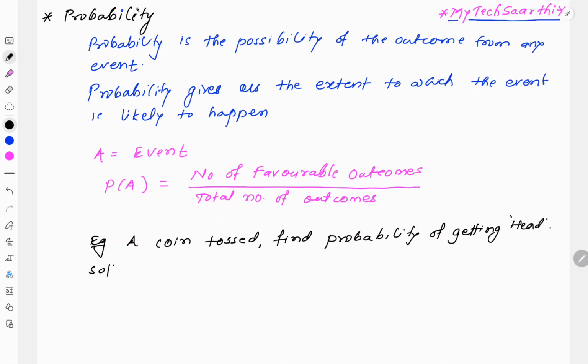Okay, so now see how this probability can be understood. So a coin is tossed, so we need to first of all define a sample space, denoted by S, which is equal to, so we have only two outcomes. So coin is tossed, so we can have either head or tail.